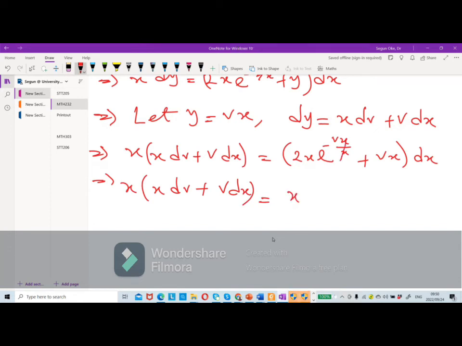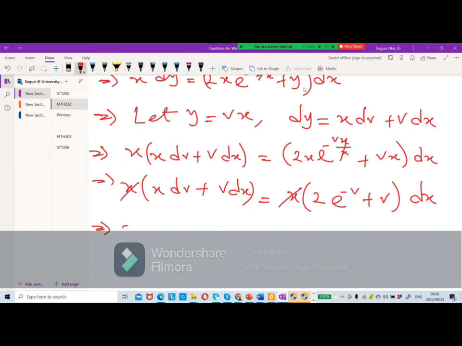This one will cancel this. You have x is common. You have 2e to the power minus v plus v dx. So this goes with this. So what do you have? What do I have now?